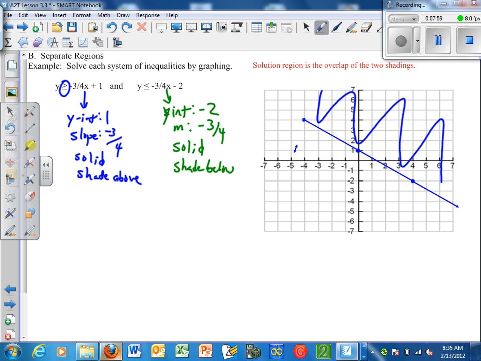So y-intercept -2, down 3, right 4, 1, 2, 3, 4, right there. If we went up 3, left 4, 1, 2, 3, 4, it'd be right there. Let me erase this little blue line, which shouldn't be there.